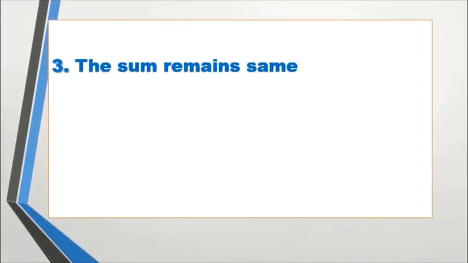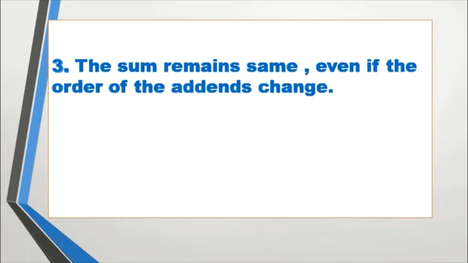Third property, the sum remains the same even if the order of the addends change. Children, what is 2 plus 1, children? It is 3. Then what is 1 plus 2? It is also 3. Did you understand, children? Even when we change the order of the addends, the sum remains the same.